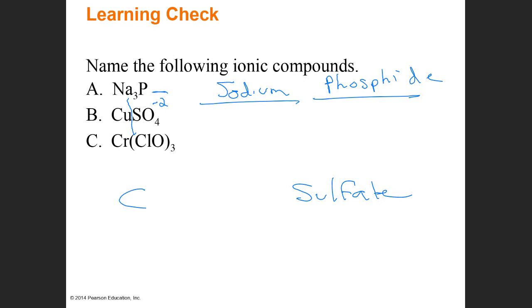So we know Cu is copper. But copper, if you look on that sheet of common ions or that periodic table slide I showed you, can either be +1 or +2.